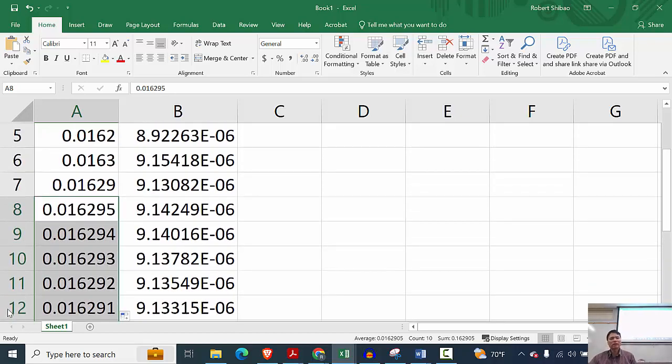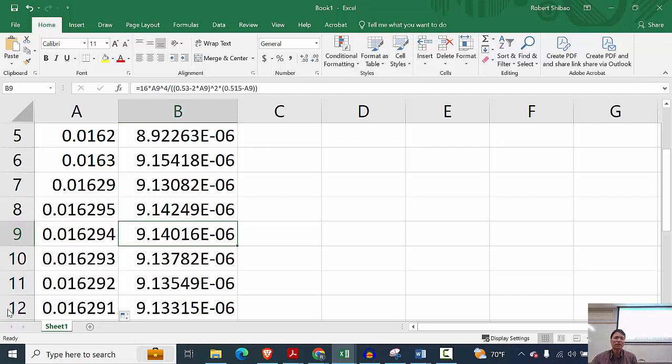So if we vary the sixth decimal place, this is what we get, and then we can just pick the best one from there. Excel can do this quite rapidly, and it looks like the best was actually 0.016294. Now, if you're doing this on a test, obviously you don't have Excel, but you just do this by hand and try to narrow it down. But if you're doing it in homework, then we might as well just use it.